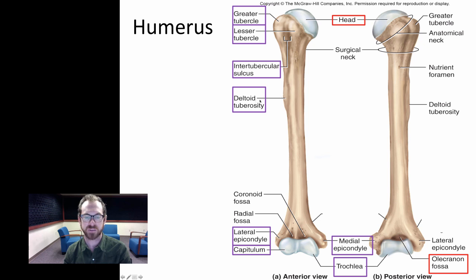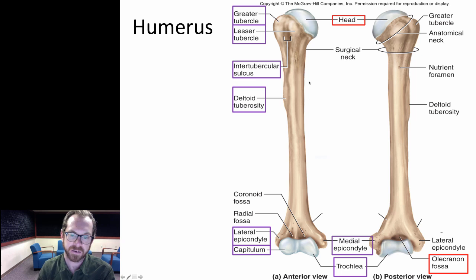And as the name suggests, this is where the deltoid muscle is going to attach. We've also got down here a feature called the capitulum, and the trochlea. And this is where your radius and your ulna are going to articulate with the humerus and form your elbow joint.